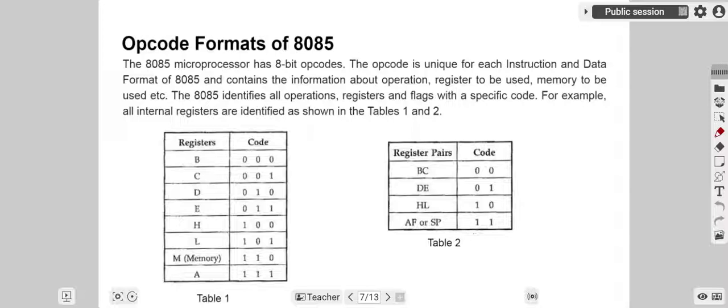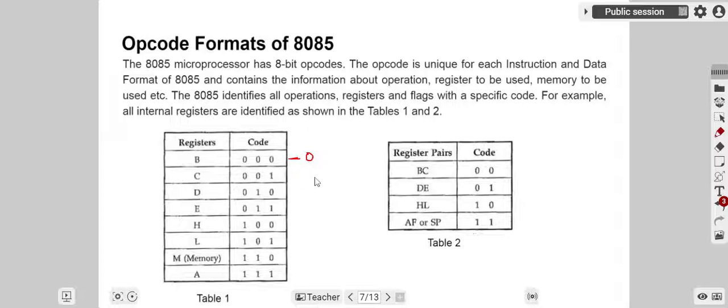The 3-bit register codes for these registers of 8085 have been provided in this table here. For specifying the B register the code is 000, that is 0 in hexadecimal.